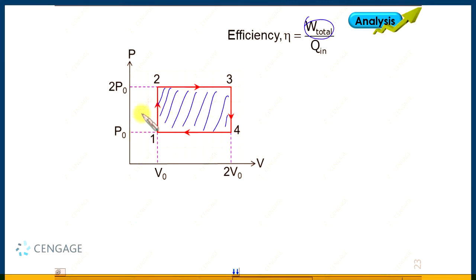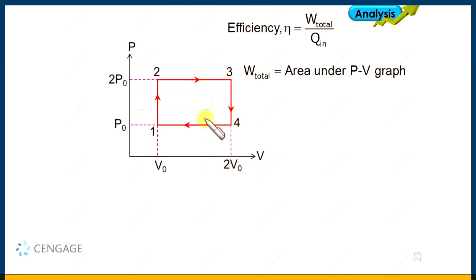This coordinate is 2P naught minus P naught, equal to P naught, and this one is 2V naught minus V naught, equal to V naught. So the work done equals the total area, P naught multiplied by V naught. So we calculated the W total value.